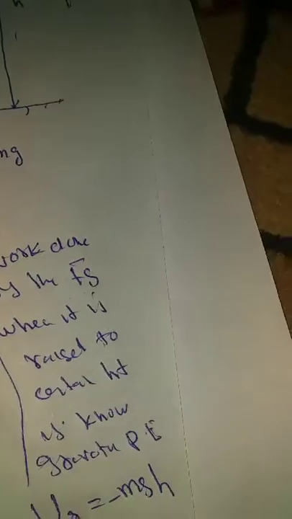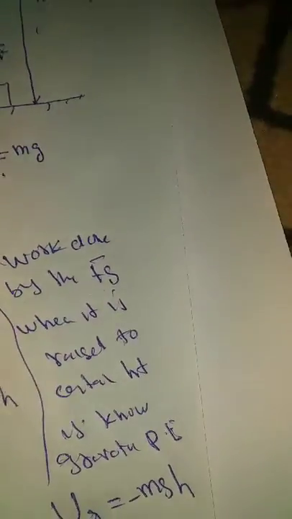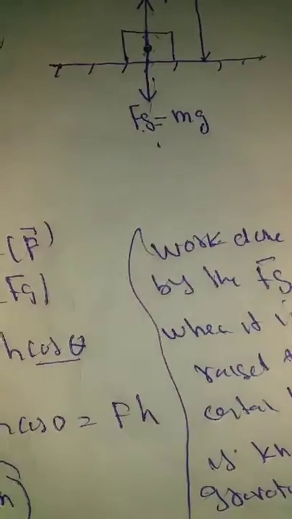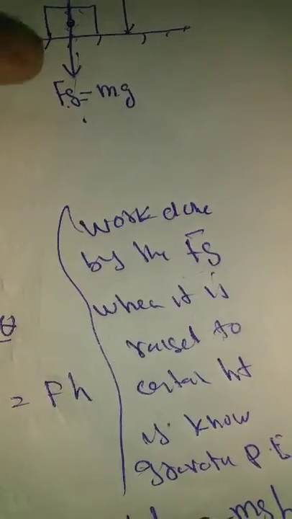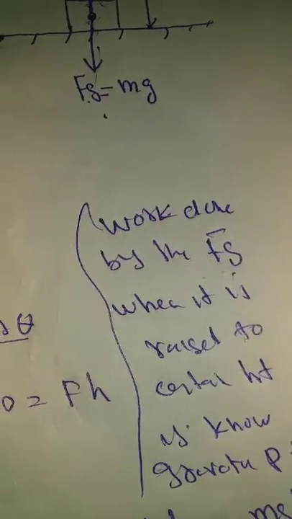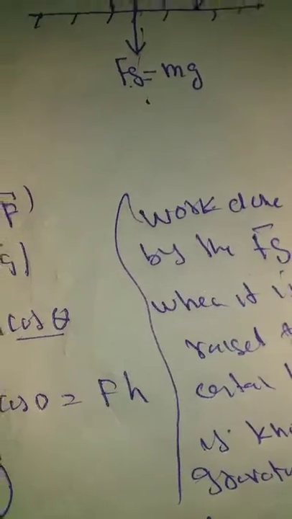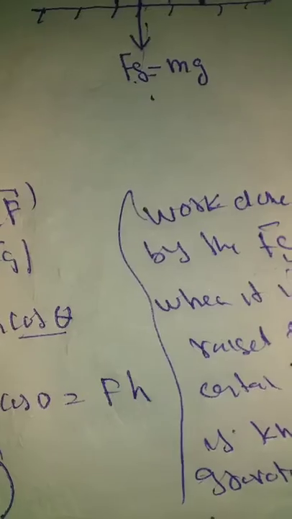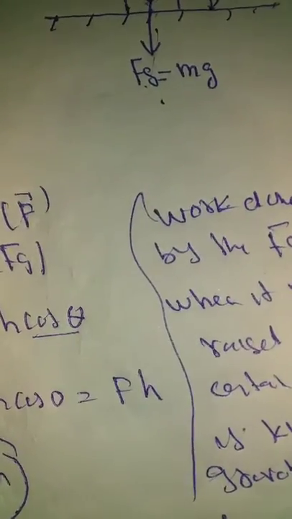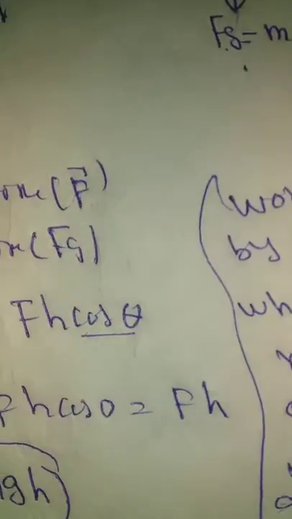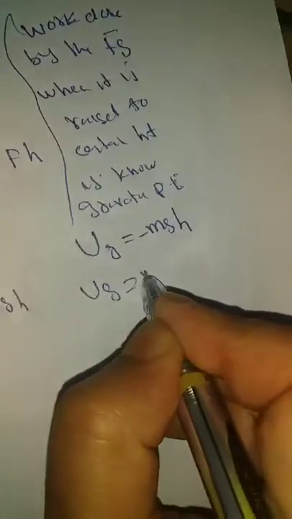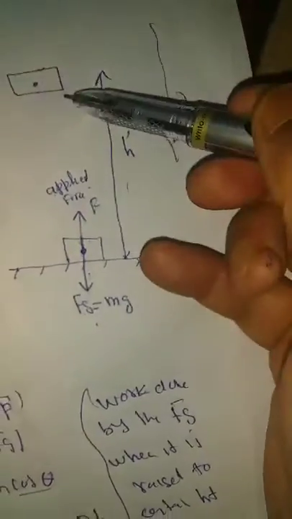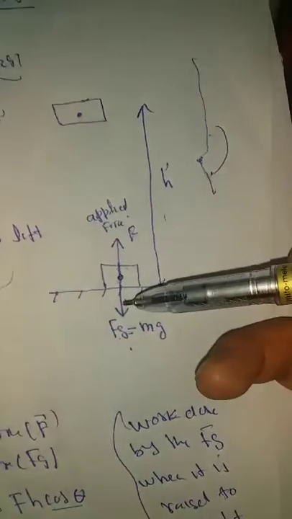This is the work done by the gravitational force when the body is raised to a height. It is called gravitational potential energy. When the block falls freely from the height h due to gravitation, the work done by the gravitational force on the block is positive, so Ug is positive, because the force is acting in the downward direction and the height is also in the downward direction.